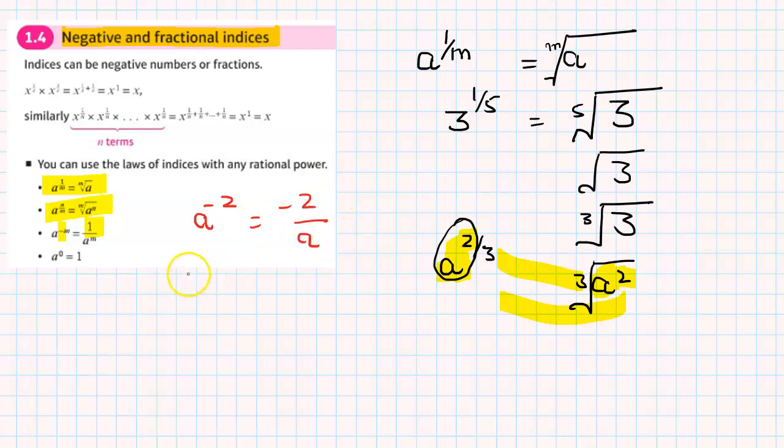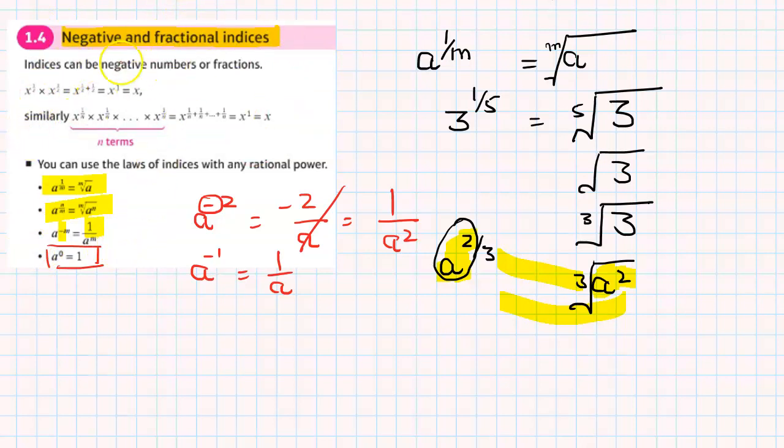A to the power minus 1 is 1 over a, but a to the power minus 2 is 1 over a squared. Only the negative sign will change. And anything raised to the power 0 is 1. Anything multiplied by 0 is 0.